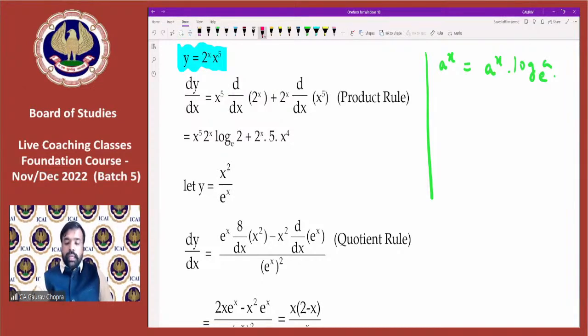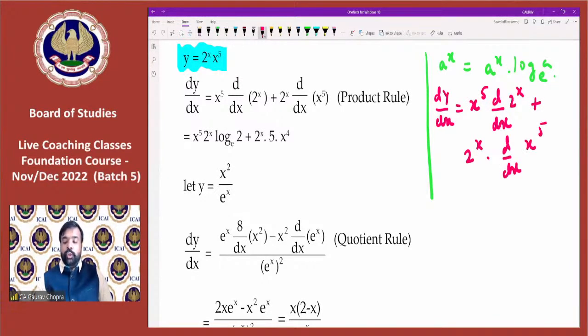So it will come as dy by dx is equal to x to the power of 5 as it is, then derivative of 2 to the power of x plus. Now this time 2 to the power of x as it is, then derivative of x to the power of 5. So what will happen?